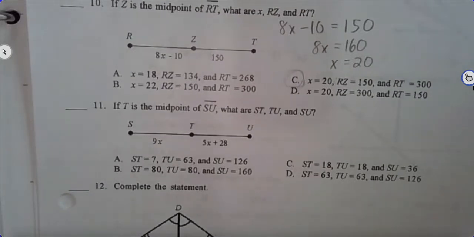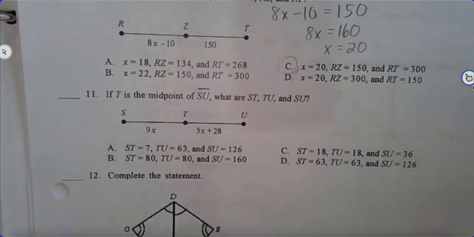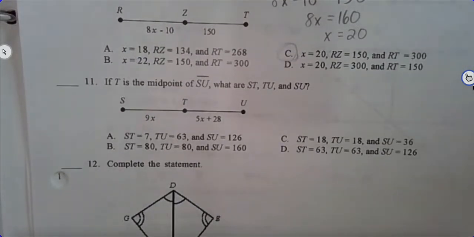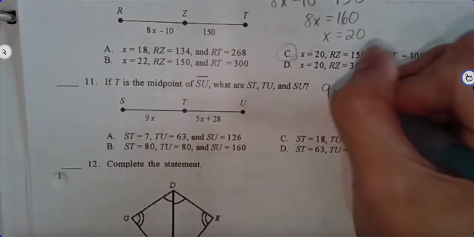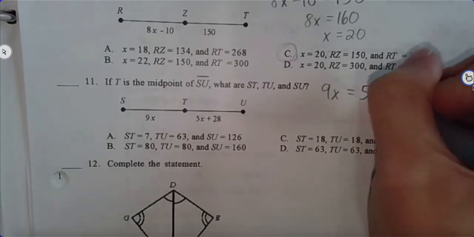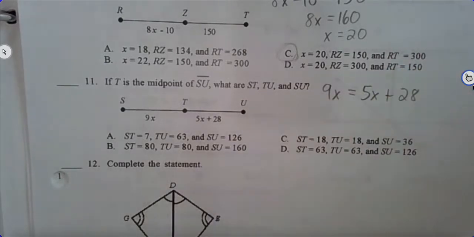All right. Number 11. If T is the midpoint, what does that mean again? It's the middle, so we're going to set those 2 things equal. So I'm going to go ahead and set that up. 9x equals 5x plus 28. Then I want to find all those little missing parts.